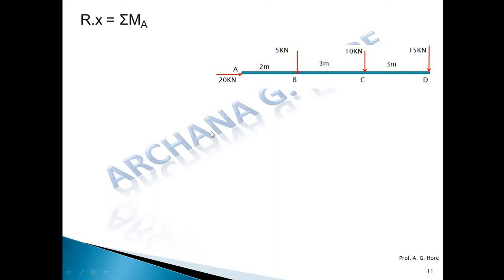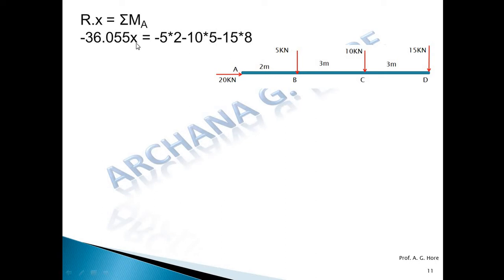Now see, to find out the x distance, the perpendicular distance, apply the Varignon's theorem about point A. Now by applying first force, that R force, R is in fourth quadrant. That's why we consider the R here, and that's why negative sign, clockwise. It rotates in the clockwise direction.